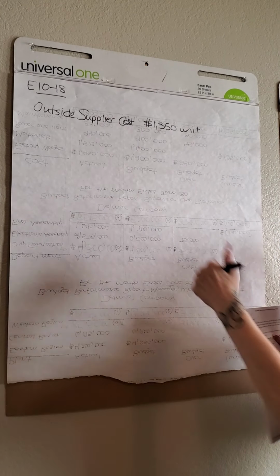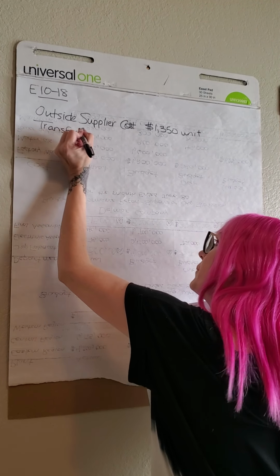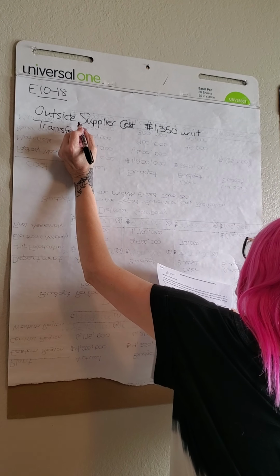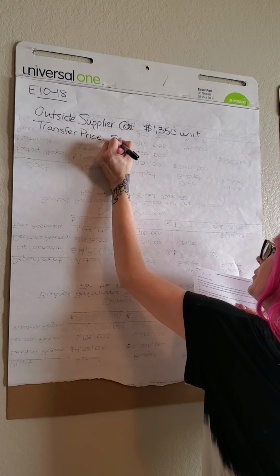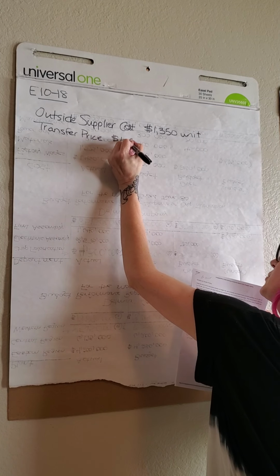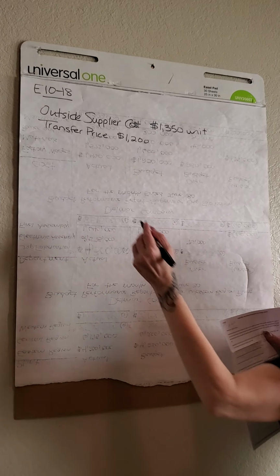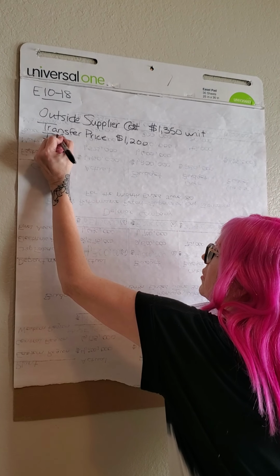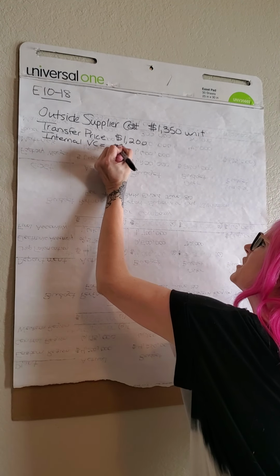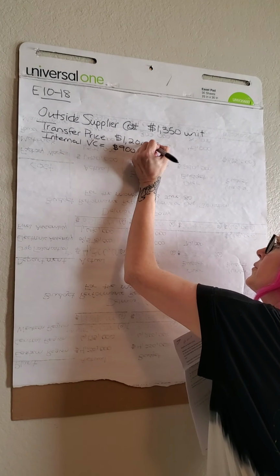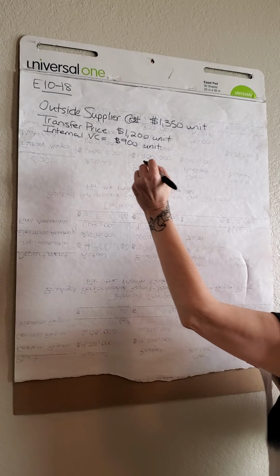If we're going to do a transfer price from inside, so if we're purchasing it from an internal department, it'll be $1,200, and if we produce it internally, the internal variable cost equals $900 per unit. And then we need 75,000 units.